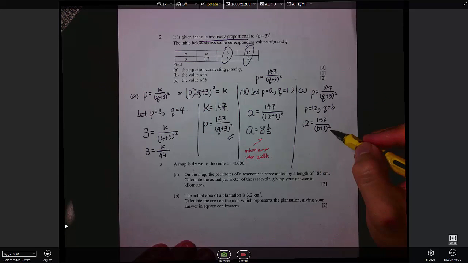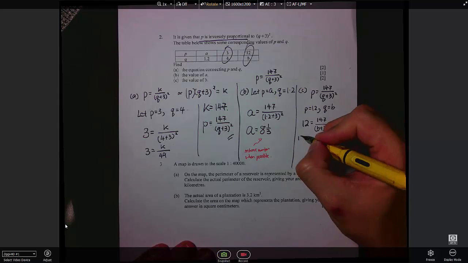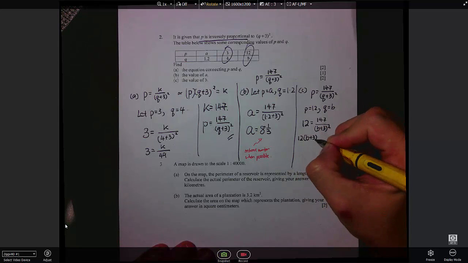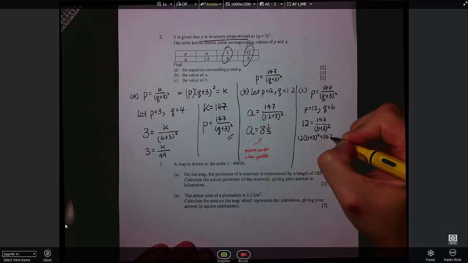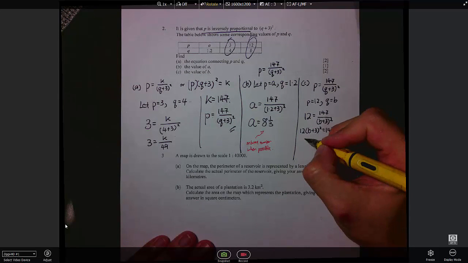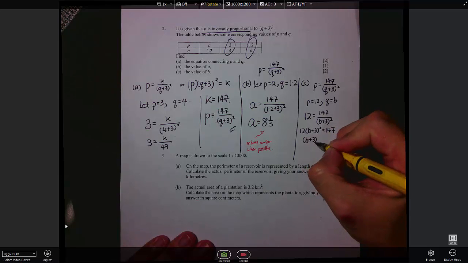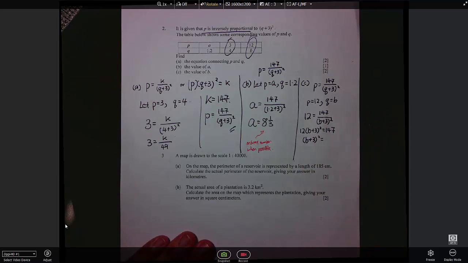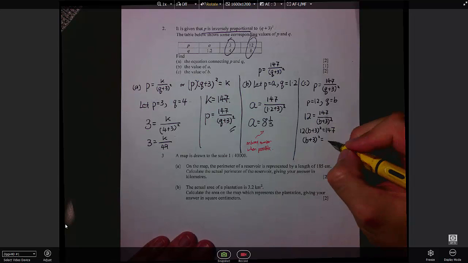I multiply both sides by (B plus 3) squared. I get 12 times (B plus 3) squared equals 147. Then divide both sides of the equation by 12. I get (B plus 3) squared equals 147 divided by 12, which gives me 12 and 1/4.